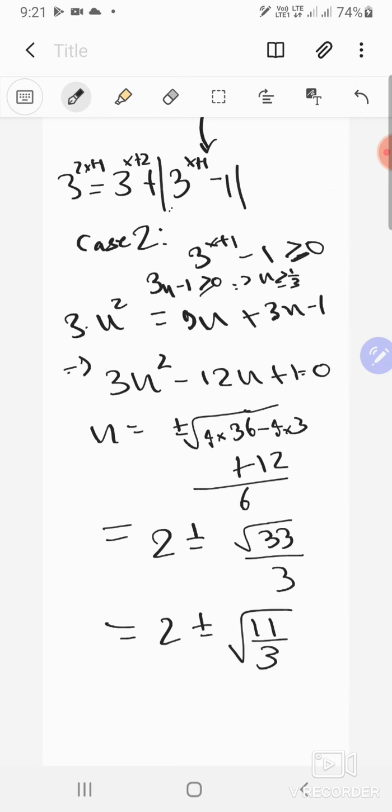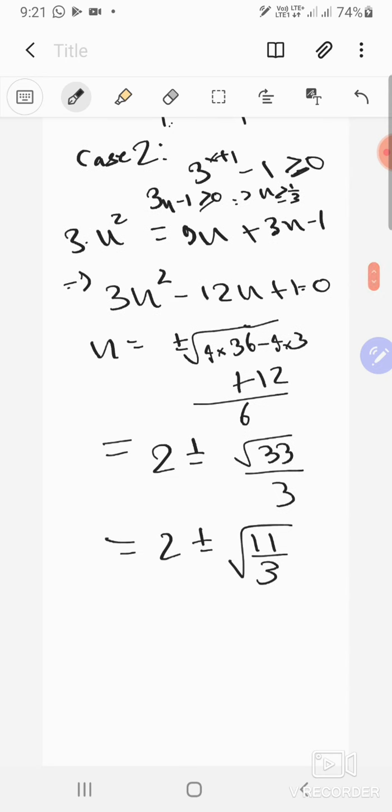What about 2 minus square root of 11 by 3? Square root of 11 is slightly greater than 3, so it's less than 4. Is this greater than or equal to 1 by 3?